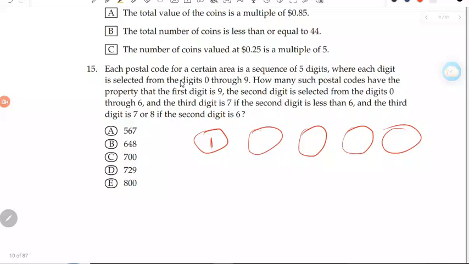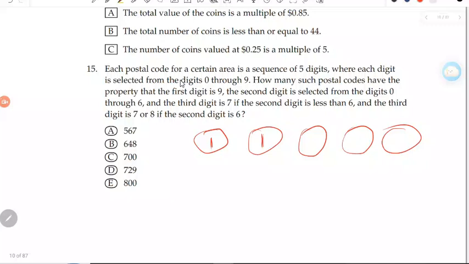The second digit is selected from the digits 0 through 6. And the third digit is 7. If the second digit is less than 6, so we have to put this second one. The digit that is 7, there is one selection that must be 7. So it's one way of doing it.